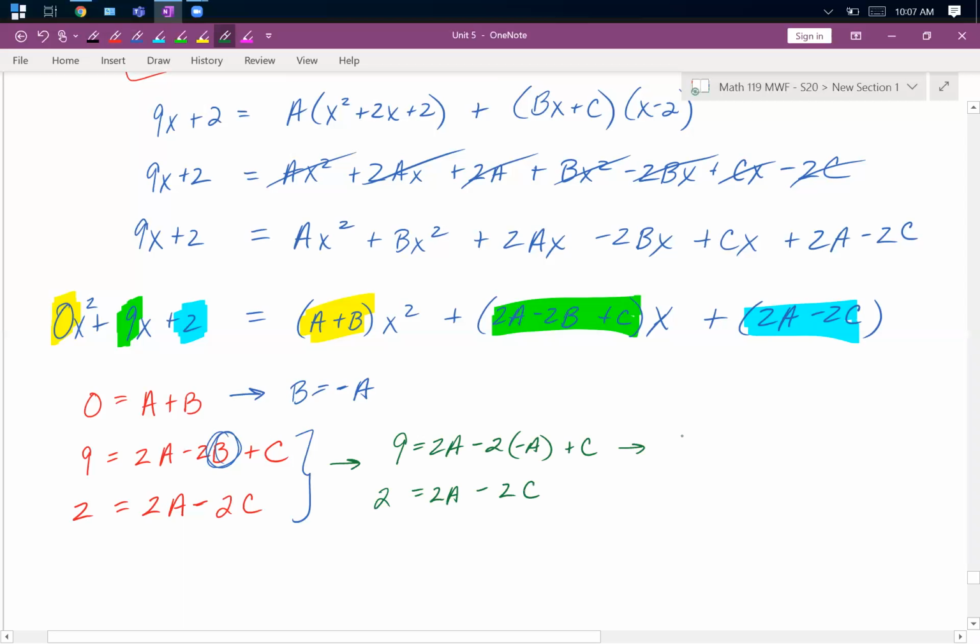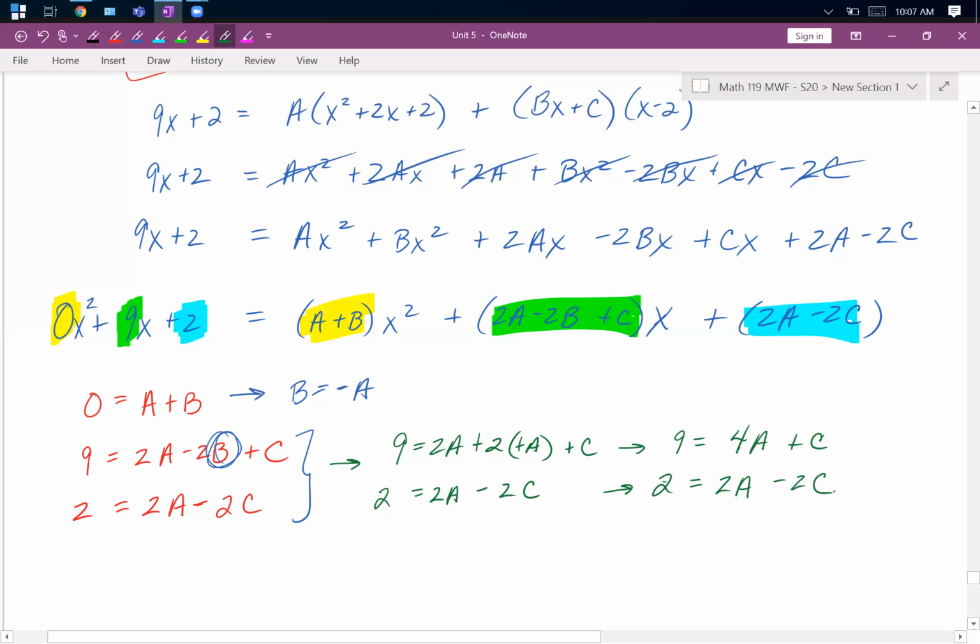So this is going to give me 9 equals 4a plus c. And this one stays 2 equals 2a minus 2c.